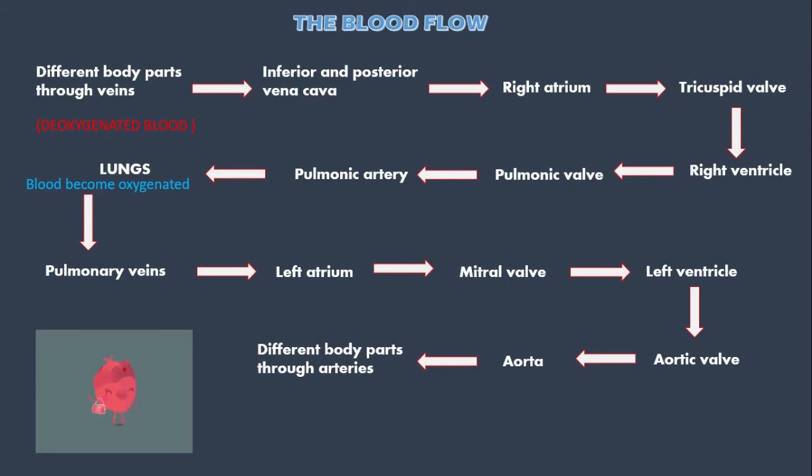It is to prevent blood from flowing backward into the atrium while the ventricle contracts. As the ventricle contracts, blood leaves the heart through the aortic valve into the aorta and to the body.